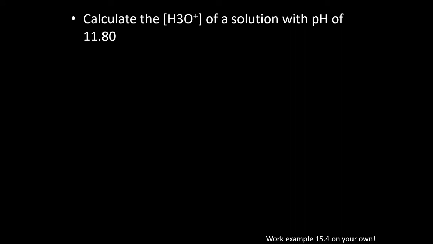Okay, let's do one more here. Let's calculate the H+ concentration of a solution that has a pH of 11.8. So if the pH is given, and we want to find the concentration of hydronium, we're going to need to do an anti-log, which is to say we're going to raise, let me back up.